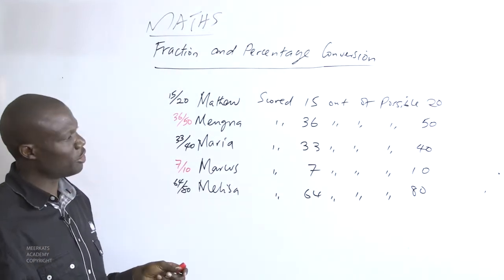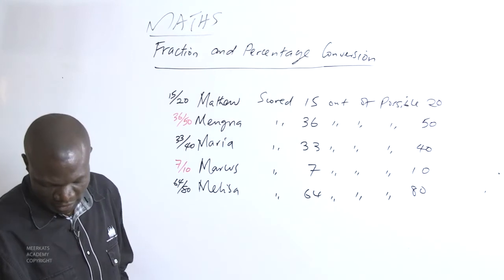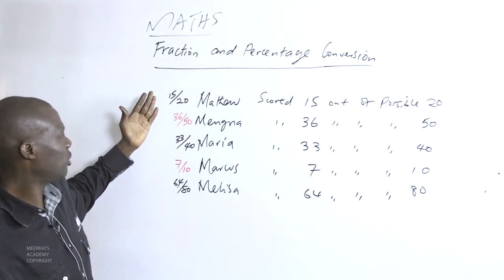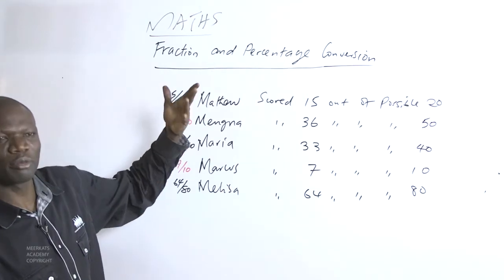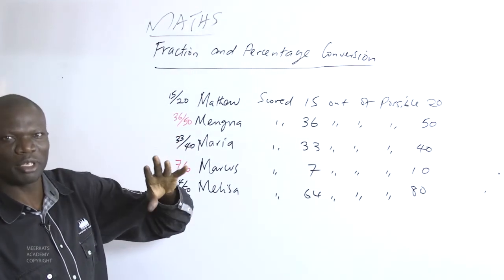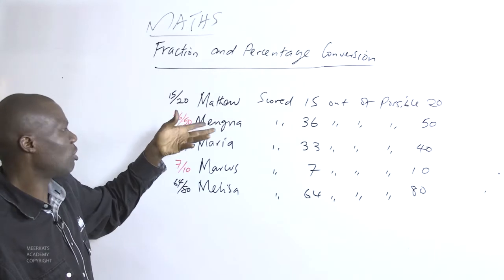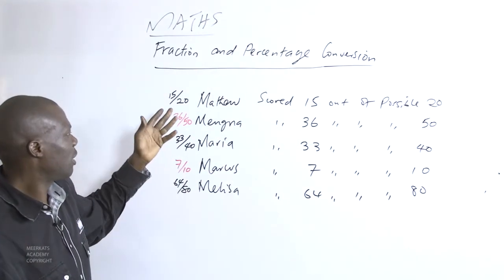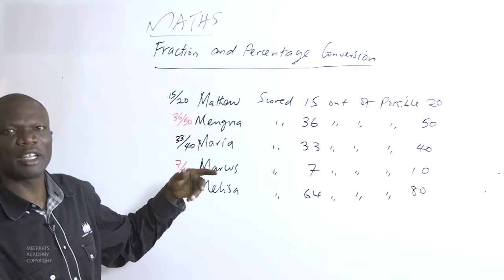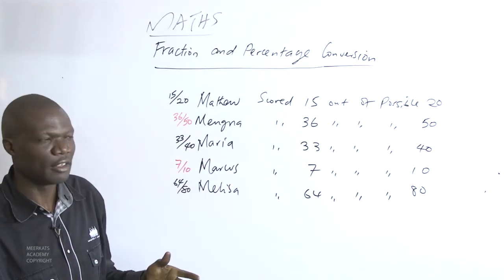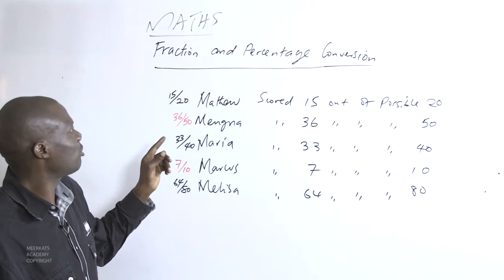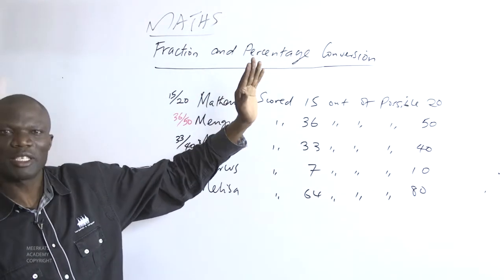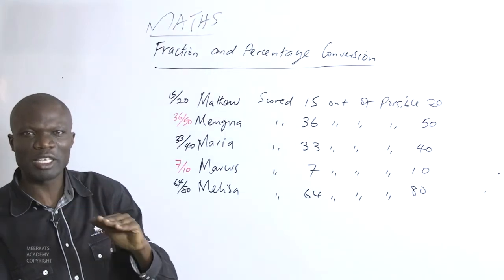Now, what I want you to notice here is this. To come up with a ranking, until we say that this one performs better than the other one, becomes a bit complicated, because all these fractions have their own different denominators, and at any given time they are just different. But the simplest way, if we are able to convert a fraction into a percentage, then things will be very simple.